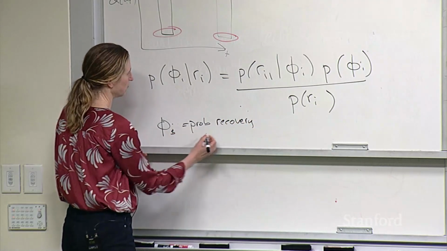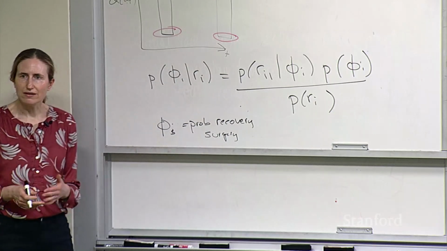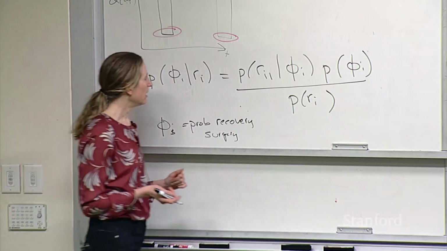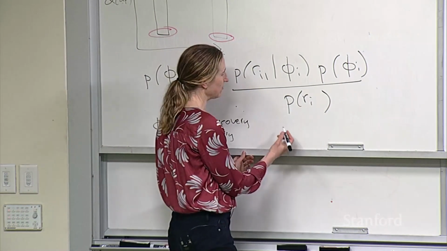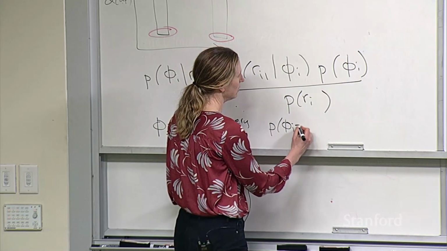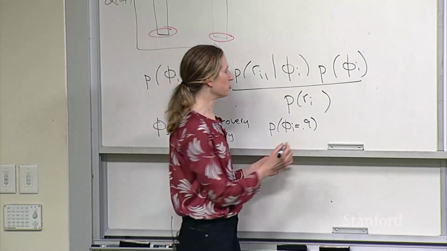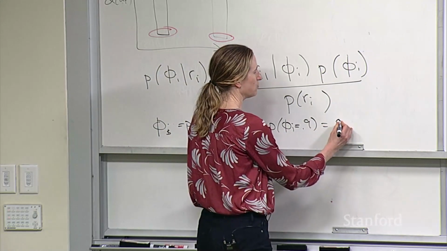I'll do this for surgery. So this would be saying like, 90% of the time someone's recovered, or something like that, right? And this could be a particular prior. So I could say, I think my probability that you're recovered mostly from the surgery is 0.9.